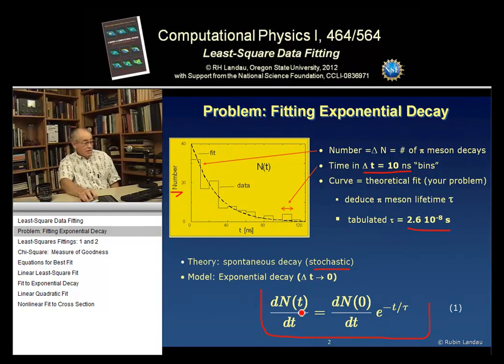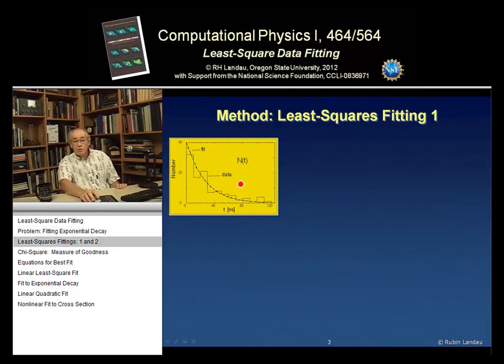So equation 1 says that if the time intervals were infinitesimally small, if the total number was large, the number decaying was relatively small, then we should have just an exponential decay right there for this curve. So this curve should be exponential decay. So the problem is, how do you fit that kind of an equation to the data? So here, let's take a look at slide number 3. We have the data again, and that's what we'd like to fit. Okay?